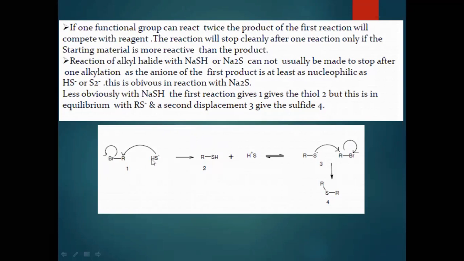But in this case, the formed RSH product is more reactive compared to the reactant, that is HS minus. This will act as a nucleophile and tries to attack over the available excess reagent of RBr. Resultant will be formation of sulfide.